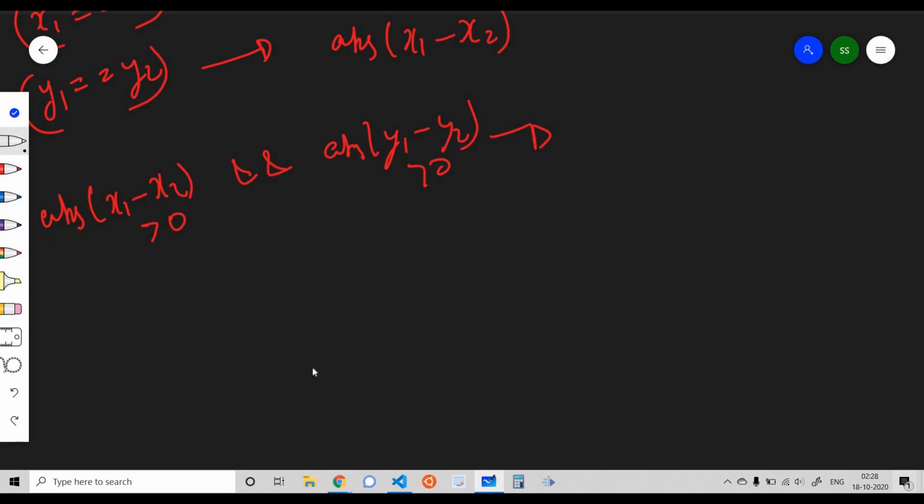Let's say our first point is located somewhere here, and the second point is located at this point. So first let's say the difference between the x coordinates is diff1, which is this, and the difference between the y coordinates is diff2, which is this.